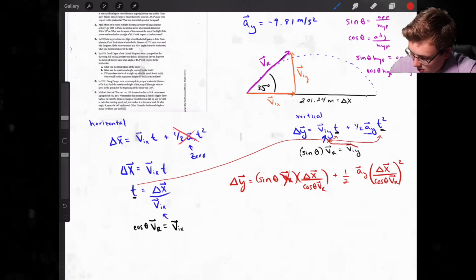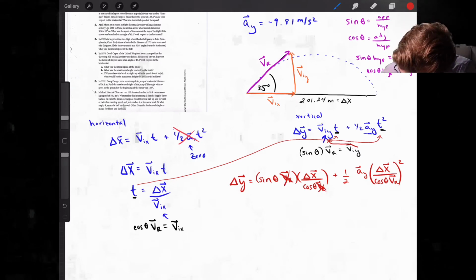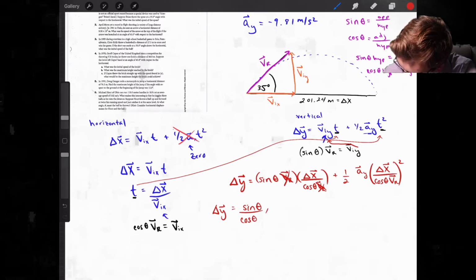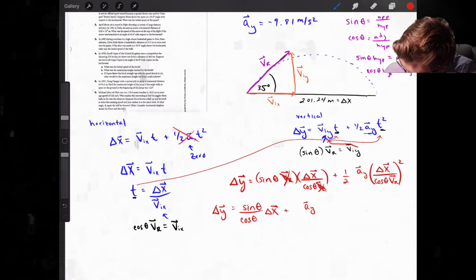These go away. So I get change in y equals sine of theta over cosine theta times delta x plus a_y over 2 cosine squared theta v_R squared.